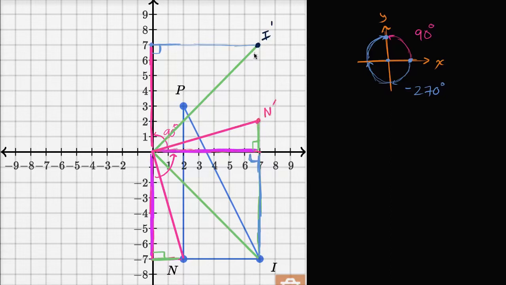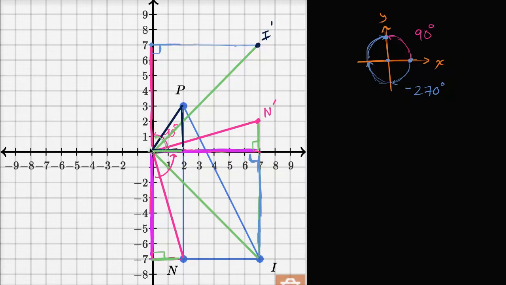So we know where the image of I is, the image of N is. So now we just have to think about where the image of P sits. And once again, we can do our little right triangle idea. So let's draw a right triangle. I can draw that side, and I can do this side right over here. If I were to focus on this and rotate it by 90 degrees, instead of going 2 to the right, it's going to go 2 straight up.